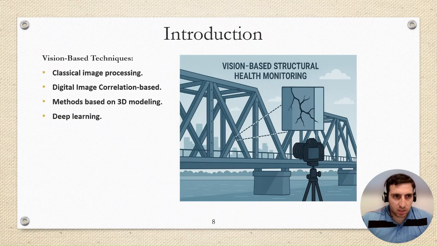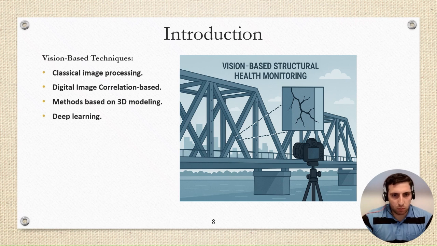In this presentation, we will discuss four types of vision-based techniques: classical image processing, digital image correlation-based methods, methods based on 3D modeling, and deep learning methods. Classical image processing includes feature extraction and image enhancement for damage detection. Digital image correlation-based methods allow for accurate measurements through monitoring surface displacement, which can provide crucial information about strain and deformation.